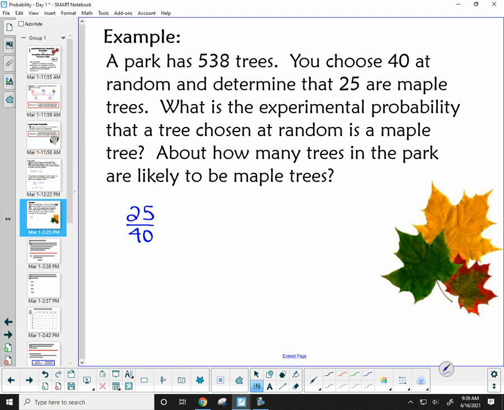I just need to take that probability and multiply by 538. Approximately 336 or 337 trees, however you'd like to count that. Is that okay with everyone? Okay.